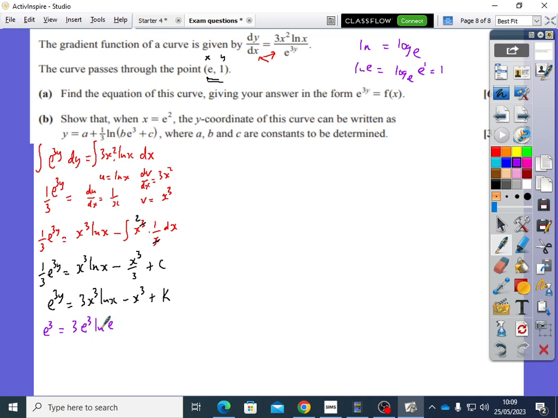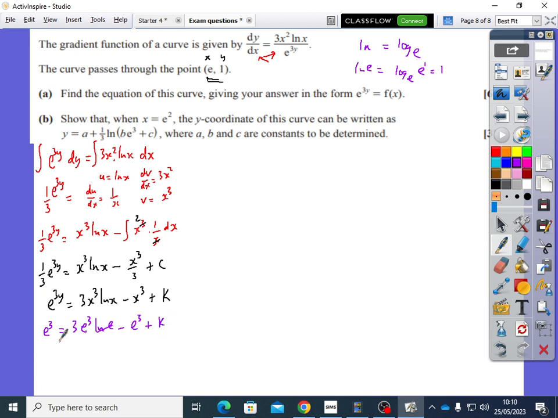So therefore they're going to cancel over there, and that will be minus, and that e will become e to the power 3, because x is e, so that'll be e to the 3 plus k.